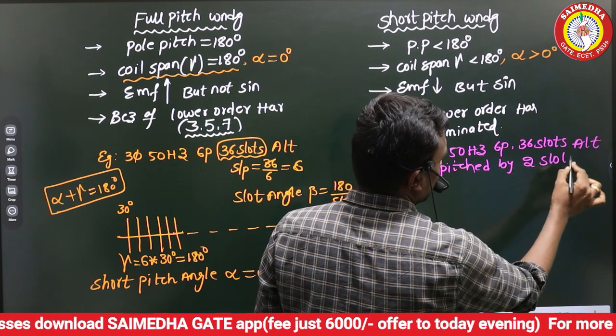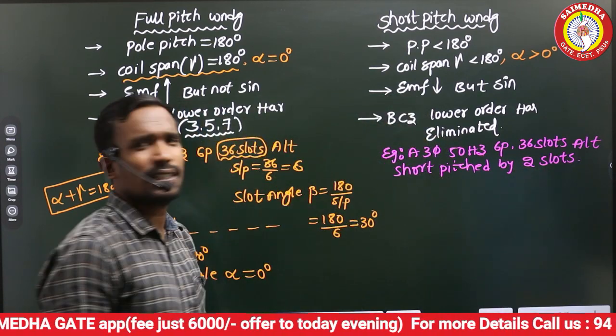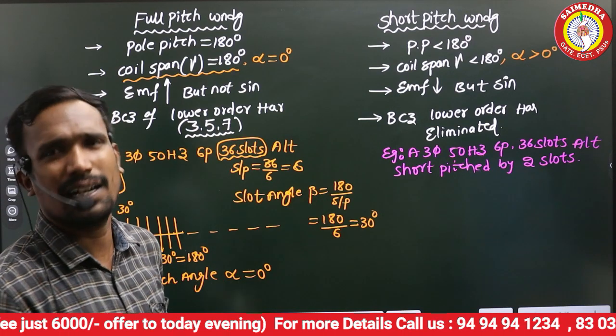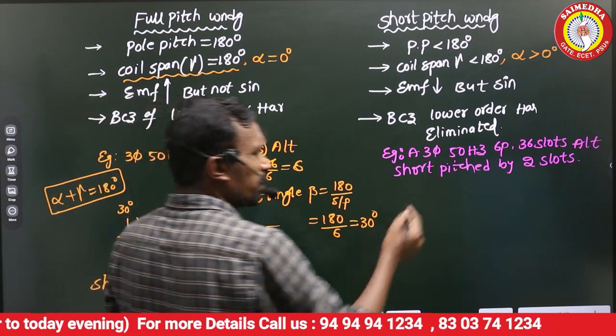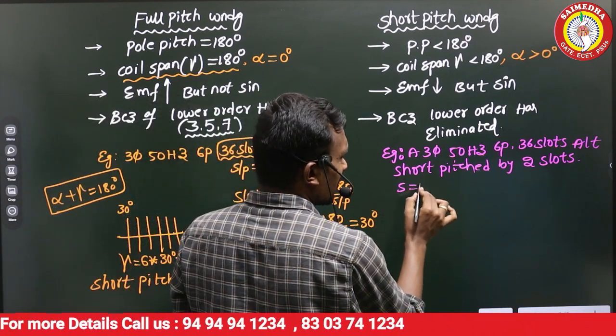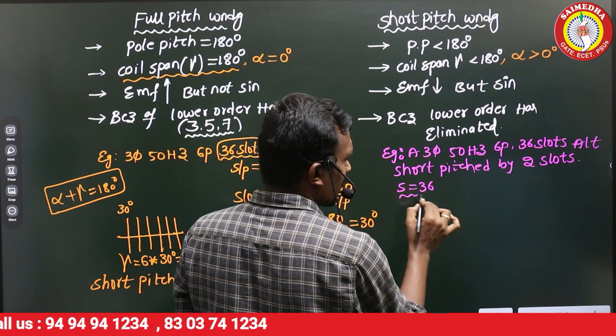In the question they mentioned that this is short pitched by 2 slots. Then tell me, how many slots are there actually? 36 slots are there.